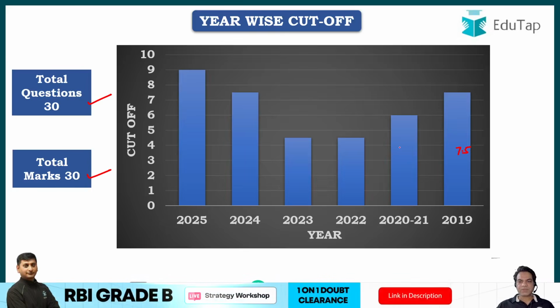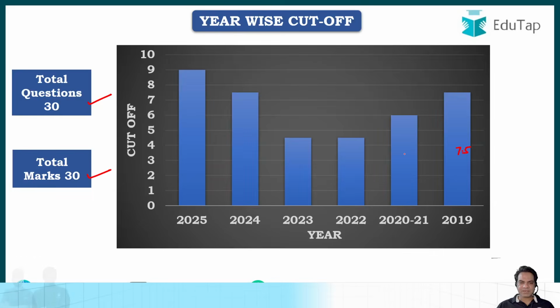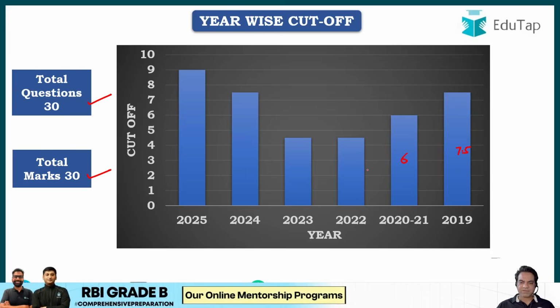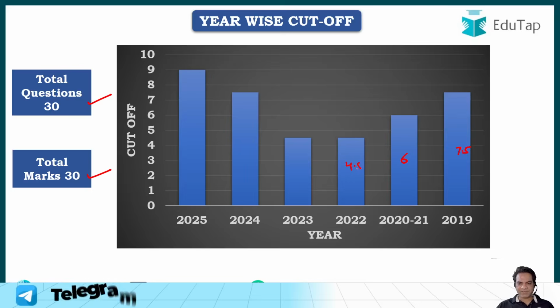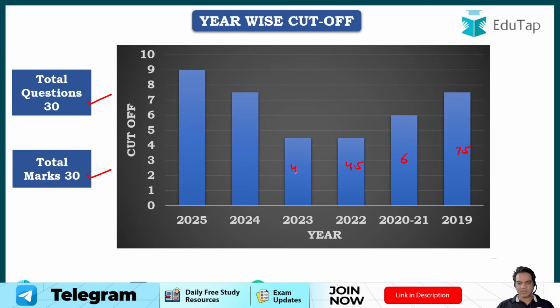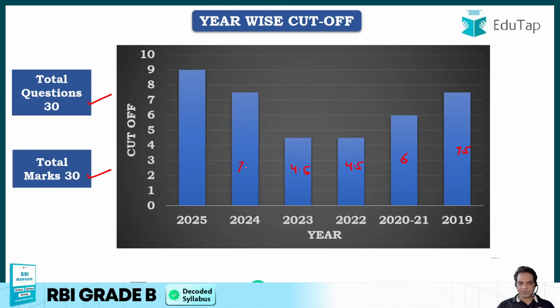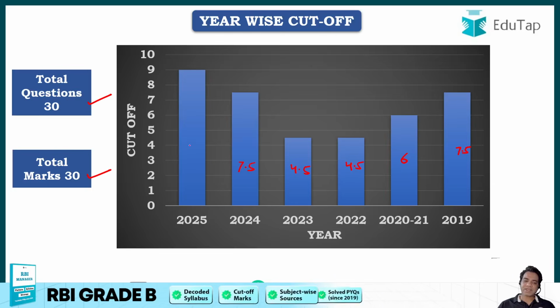Now, in 2021, the pattern was changed, and since then, let's look at the cutoff in 2020 and 2021, the COVID year, the cutoff was 6 marks for English language. In 2022, the cutoff was 4.5. In 2023, the cutoff was 4.5. In 2024, it rose up to 7.5. And in 2025, it shot up to 9 marks out of 30.